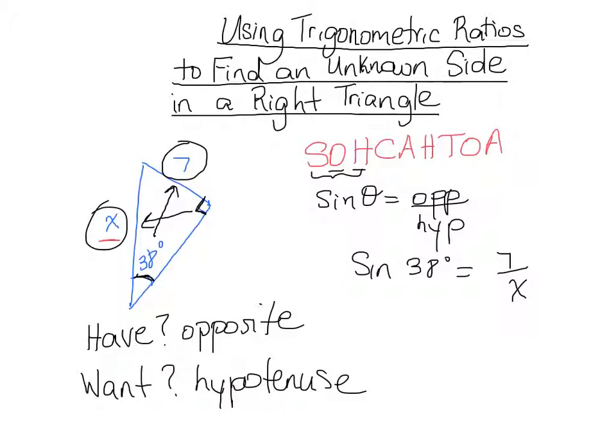Whenever we're trying to find an unknown, we can cross multiply because we have a fraction here. So we can put our sine 38 over 1 and then cross multiply.